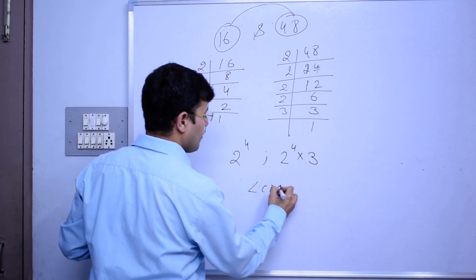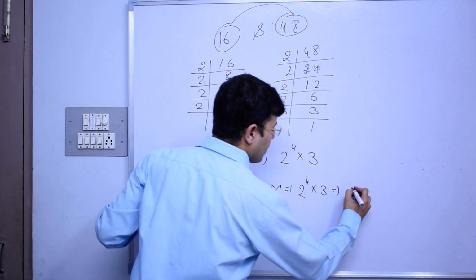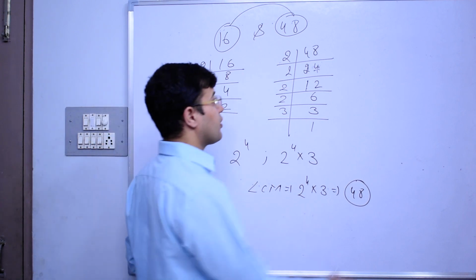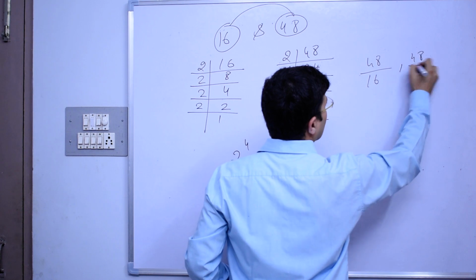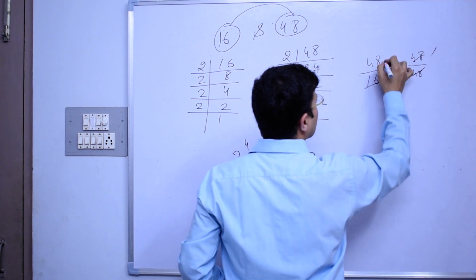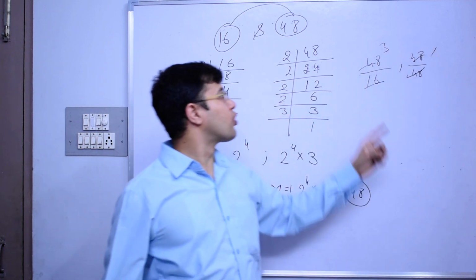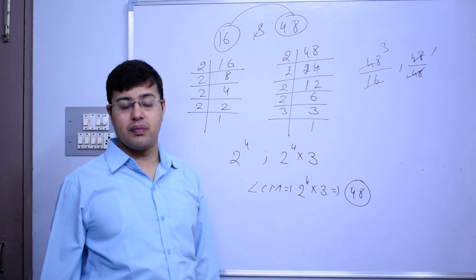So the LCM should be 2 raised to the power 4 into 3, and hence it is again 48. Now we can also say that 48 by 16 is 3 and 48 by 48 is 1. Again they are prime numbers, so you won't get any number that is smaller than this, which is an LCM of the given numbers, right?